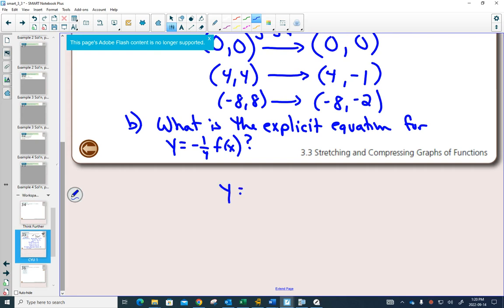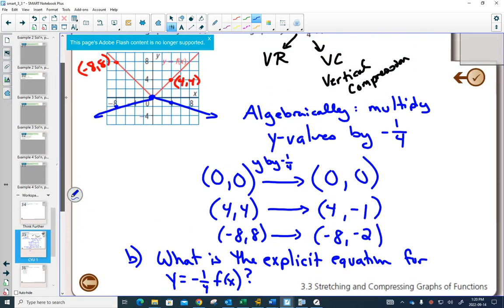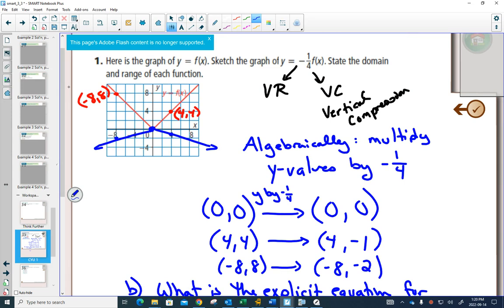We would have to recognize what equation we started off with here. This was one of the ones from our colored paper. Do you recognize that this red graph was the absolute value of x? That would be an explicit equation. An explicit equation is its actual equation with x values.